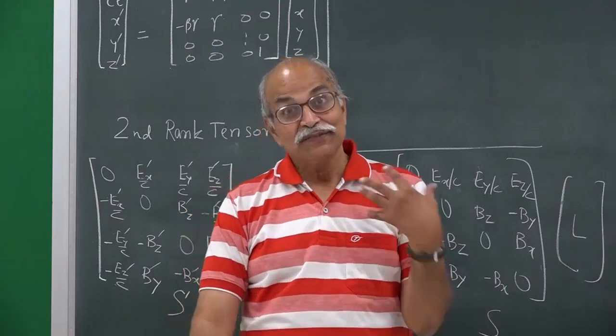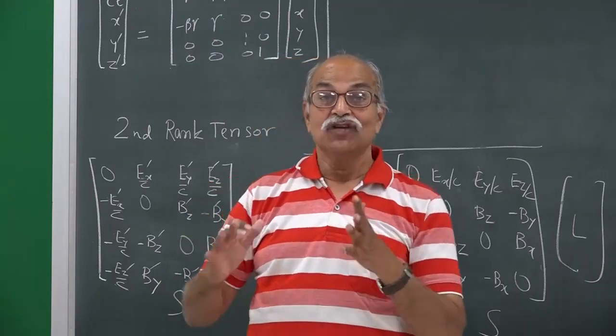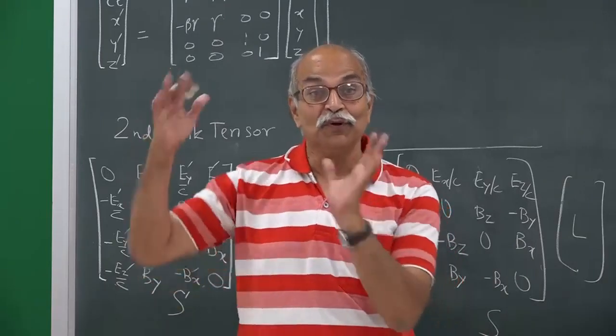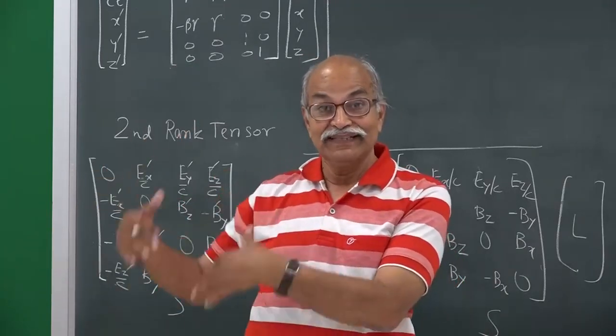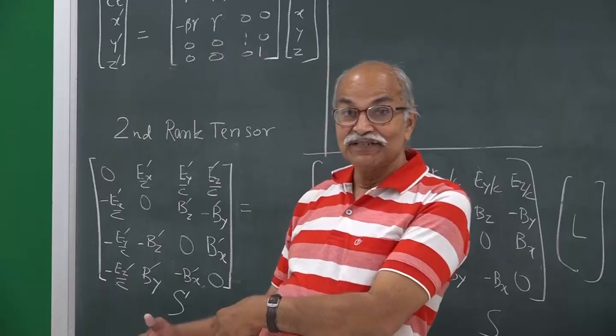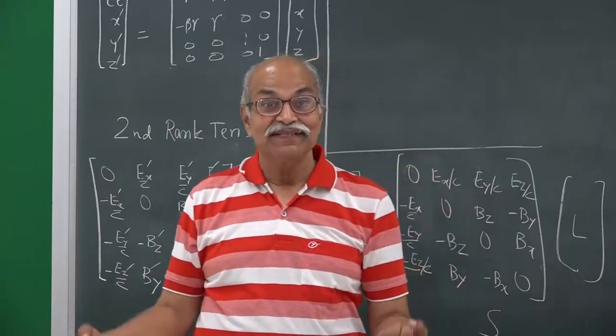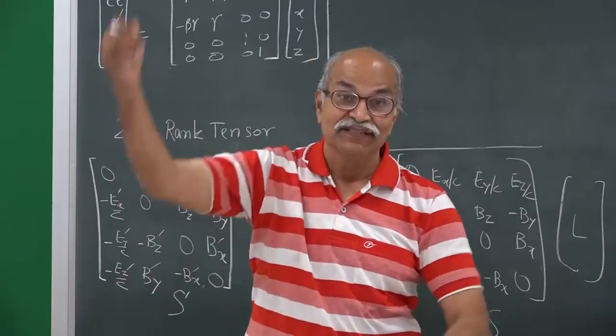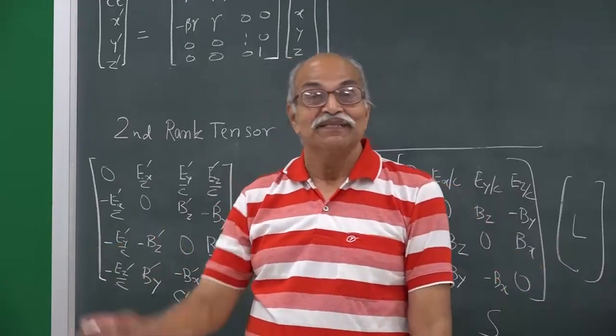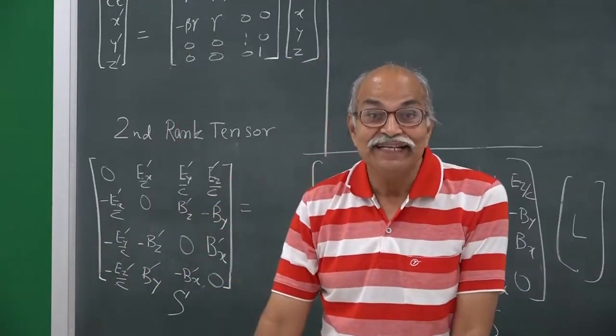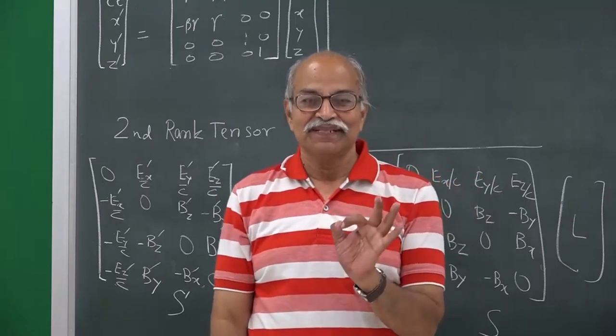After that, Minkowski developed a geometrical representation of all those Lorentz transformations and length contraction and time dilation and relativity of simultaneity, and many more things. And that paper was published in some 1908 or so. It is a beautiful representation.